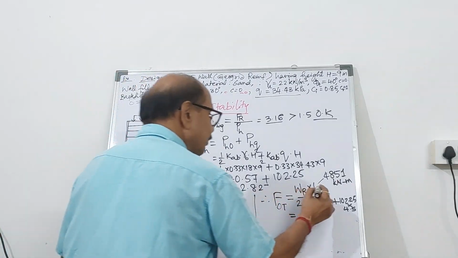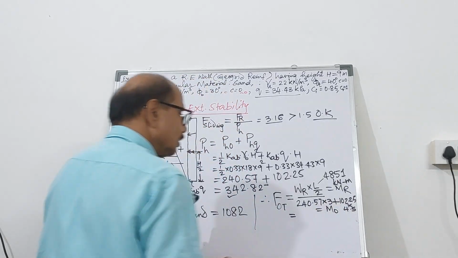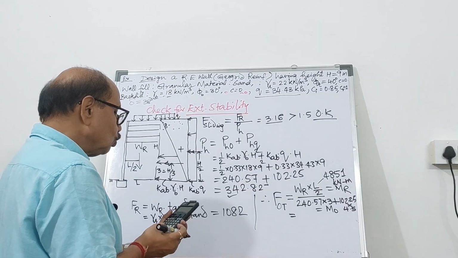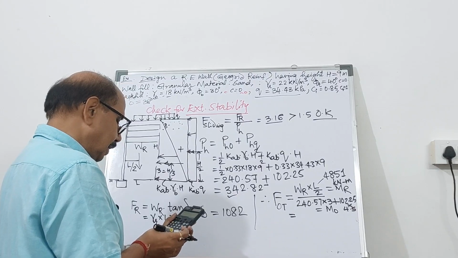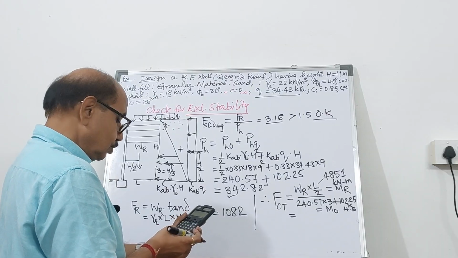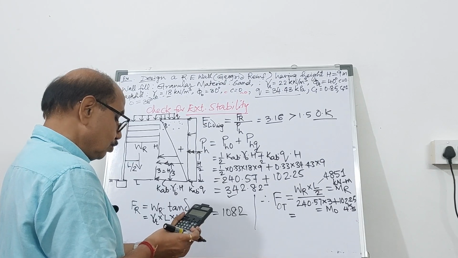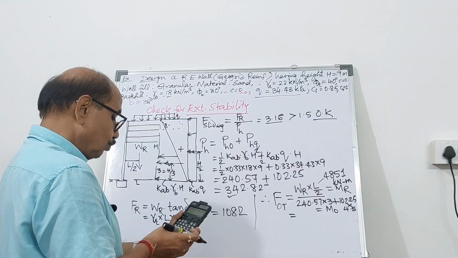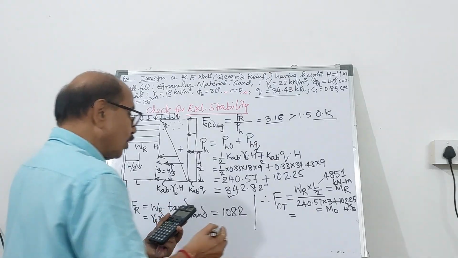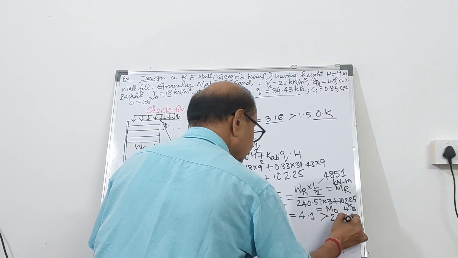Resisting moment, this is called MR. And this is called overturning moment, this is called MO. Divided by 240.57 into 3 plus 102.25 into 4.5 bracket closed, 4.1. So this is greater than 2. Okay.